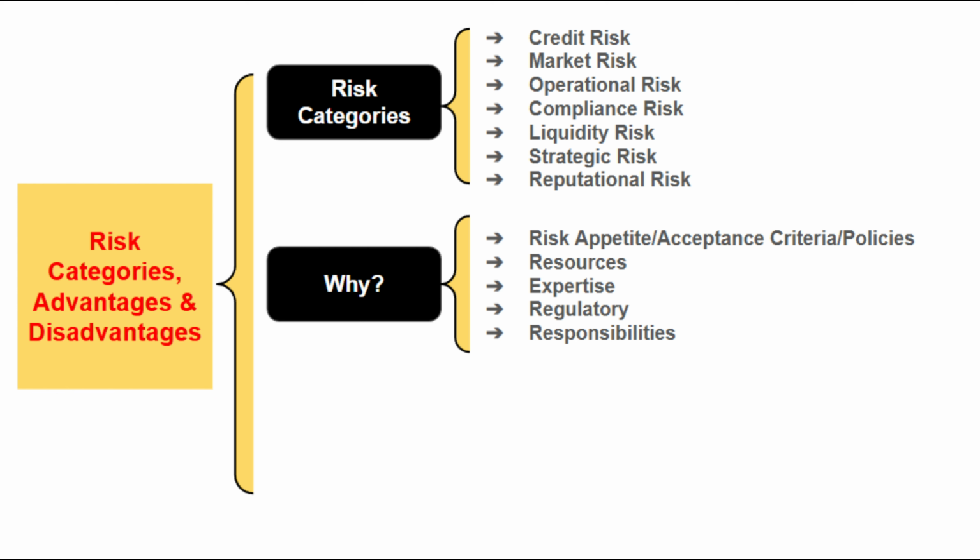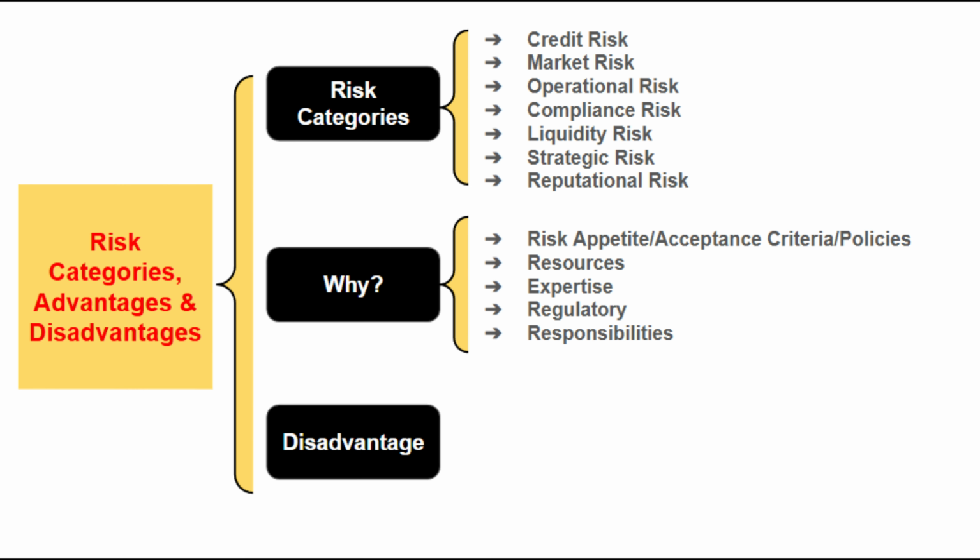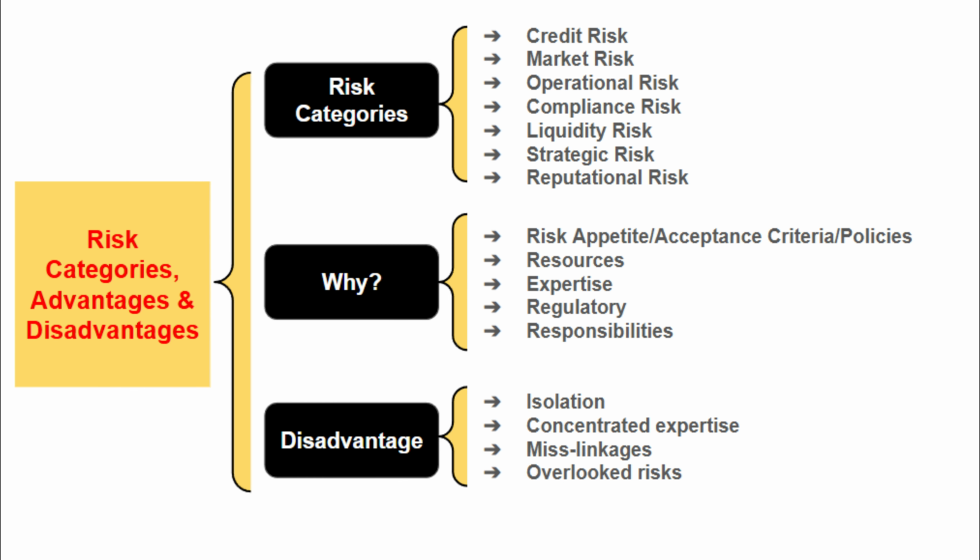The Chief Risk Officer, so CRO, has overall responsibility with a group head for each risk type reporting to the CRO. The main disadvantage of using risk types is that risk silos, in which risks are looked at and managed from the perspective of one risk type only, often occur.